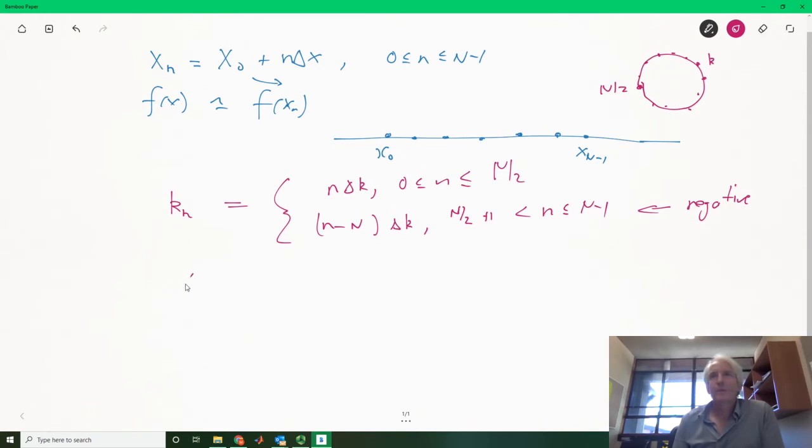And the delta K is equal to 2 pi divided by n times delta x. So delta K times delta x is equal to 2 pi over n.